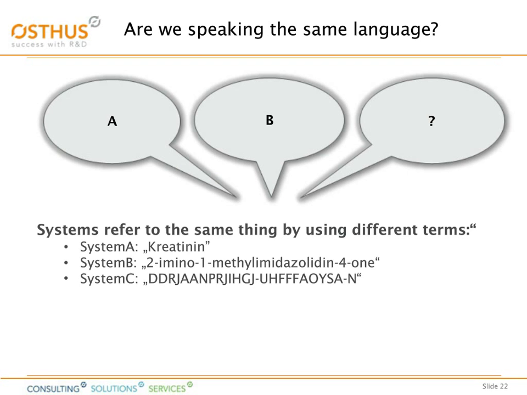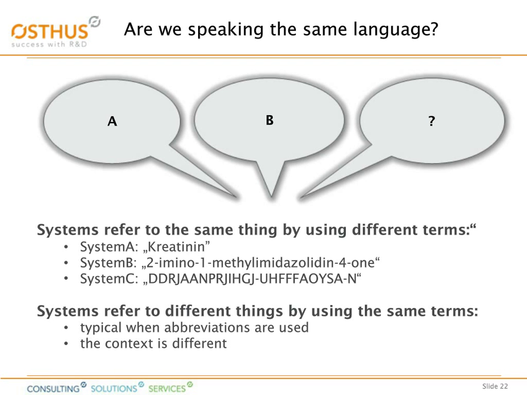So there are several options which can happen. For example, you can have multiple systems referring to the same thing, but using different terms, as the creatinine example on your screen. Another thing which also happens is that systems refer to different things, but use the same terms. This often happens when you're dealing with abbreviations and the context is different.